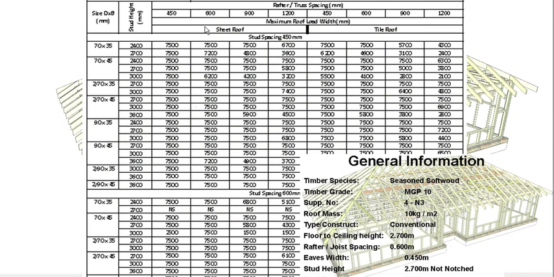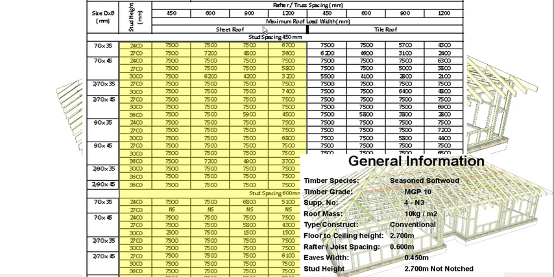So here's table 7, and the information we need to know is the spacing of our rafters and our trusses. Down here is 600 for our rafter spacing in our general information. We also know it's a sheet roof, because we said that in here somewhere, with a mass of 10 kilos, so it has to be a sheet roof.